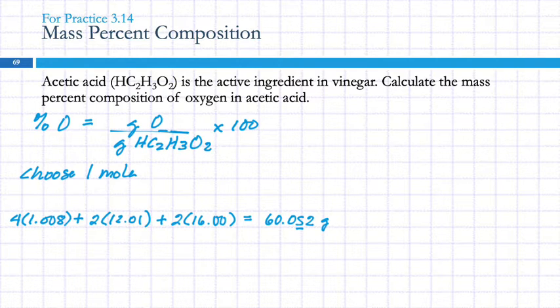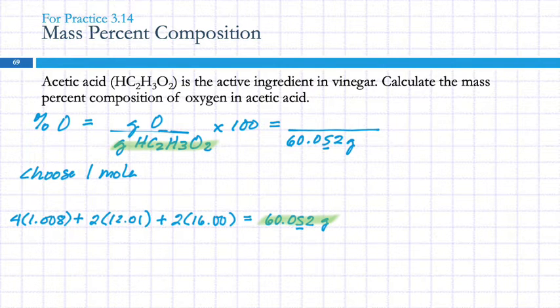So here, grams of acetic acid, that's this part down here, the mass of 1 mole. So we can plug that in, 60.052 grams. And then we need to know what's the mass of oxygen in that amount of acetic acid.